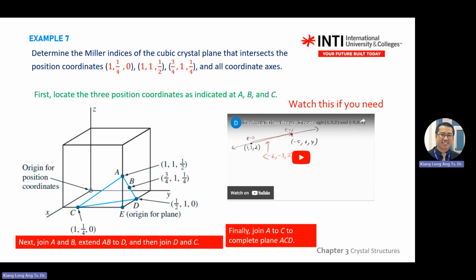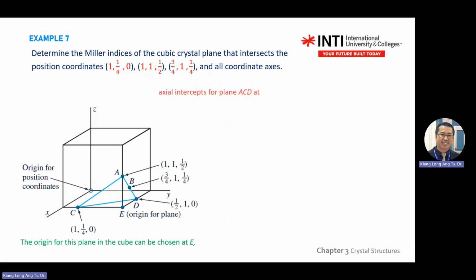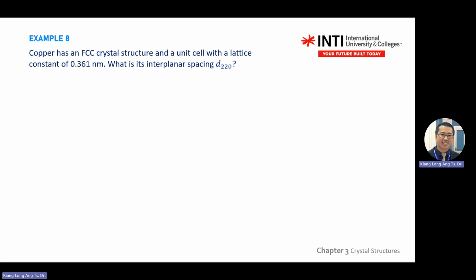If you have forgotten how to find the 3D line from two coordinates, go and view this video. We already assume you know. Go and see this one as your homework. At the end, you get one number.